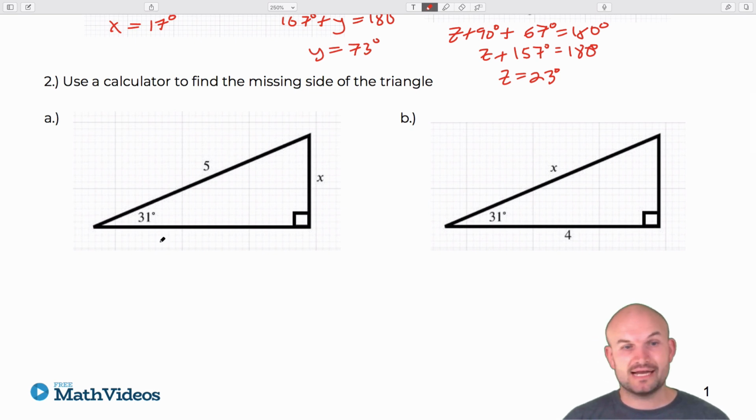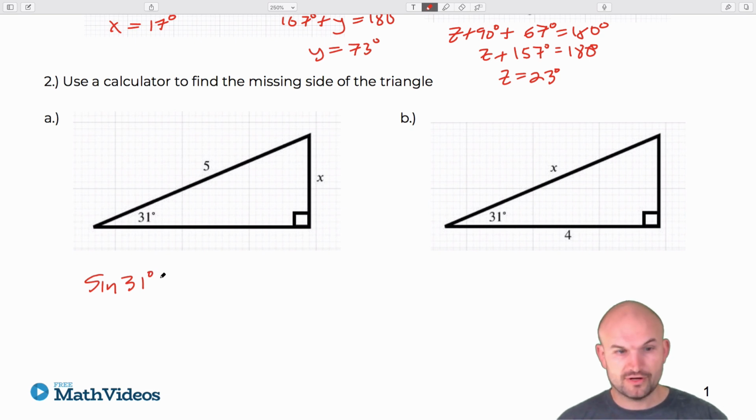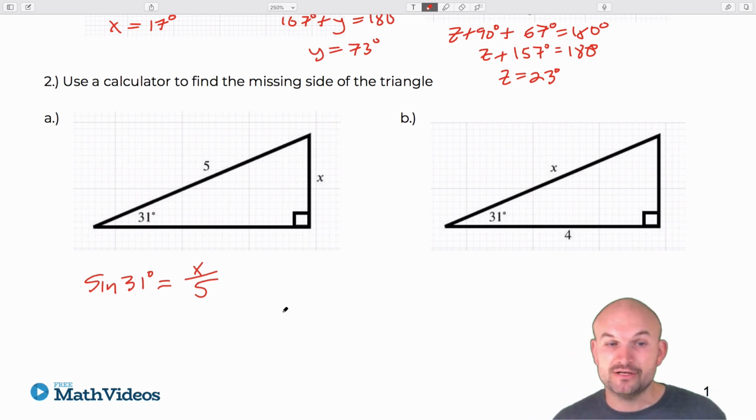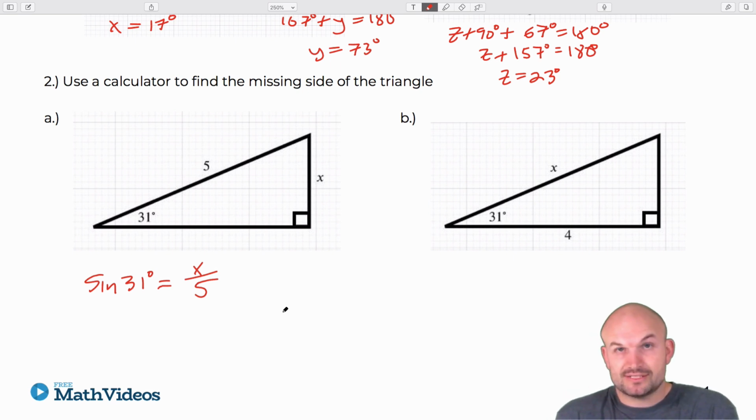That's going to be the sine. So I can write the sine of 31 degrees is equal to x over 5. Basically, it's saying when you have a triangle with an angle of 31 degrees, how big is the opposite side compared to the hypotenuse? We know it has to be smaller, right? But we don't know where it's going to be at.